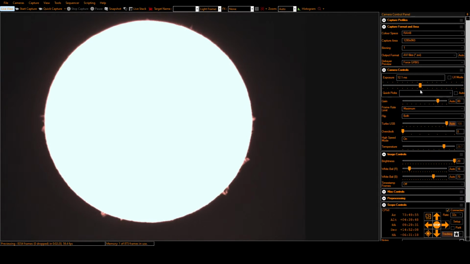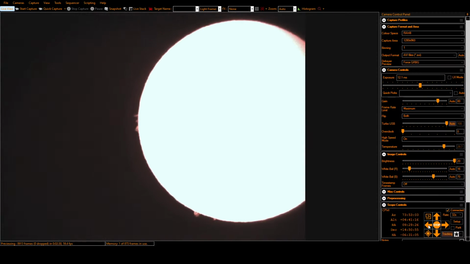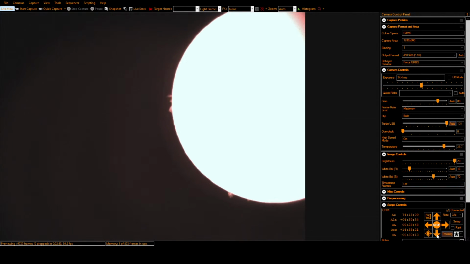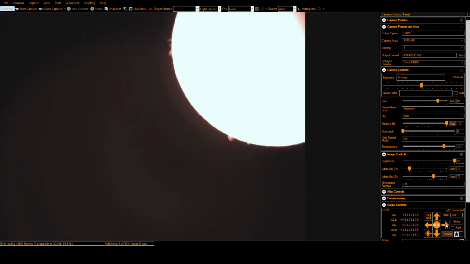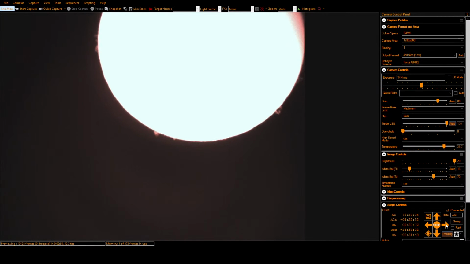Yep, fairly active. I'm going to spend the next couple minutes just going around the perimeter to look at them in some detail. This was a lot more exciting yesterday. Here we're looking at the southern end of the sun.